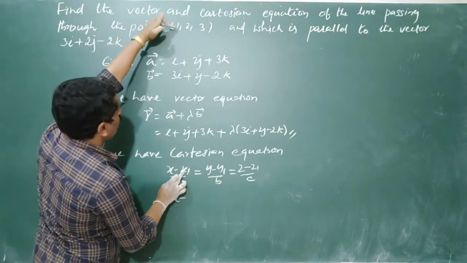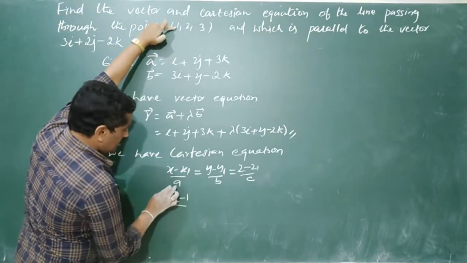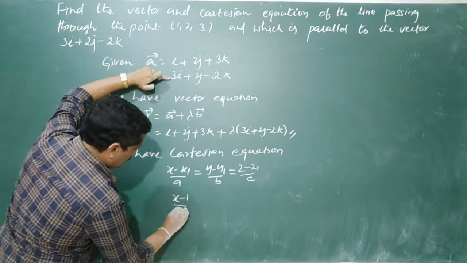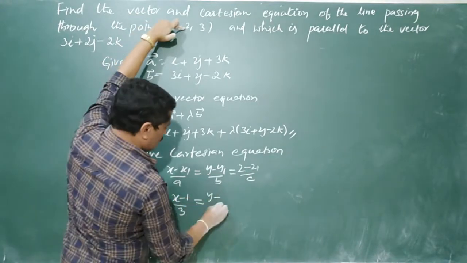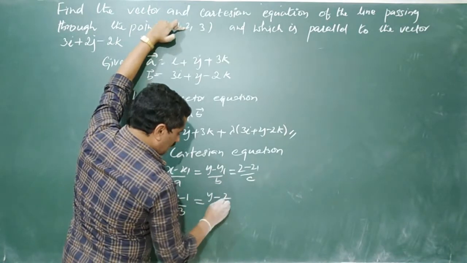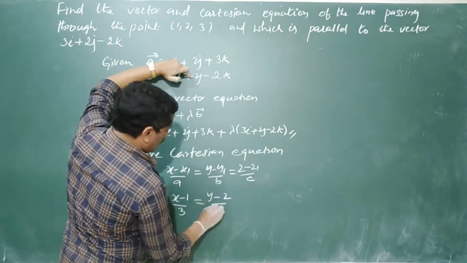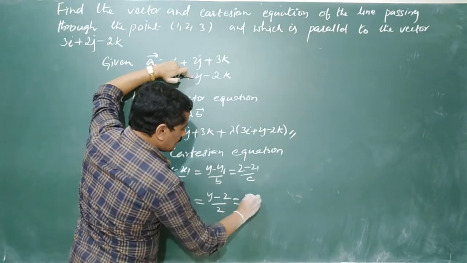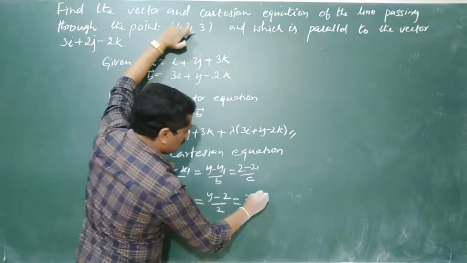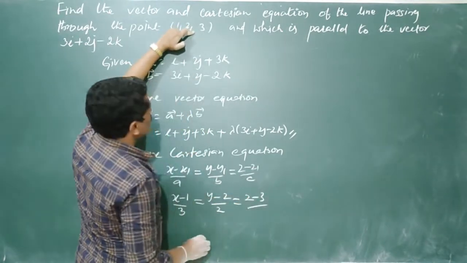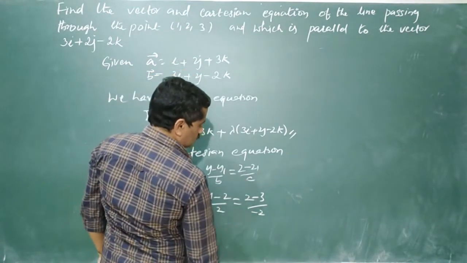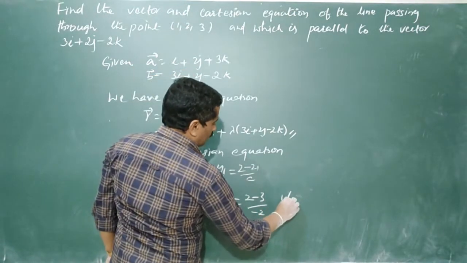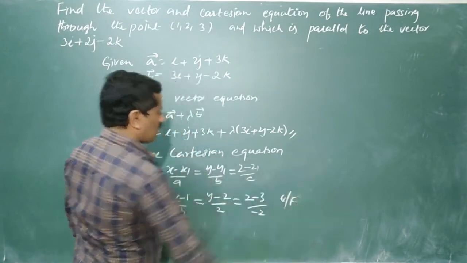We have 1, by a value, what is a value? We have 3, = y - y1, so y1 is 2, by b value we have 2, again that is equal to z - z1, we have 3, by c value we have -2, which is the Cartesian form.